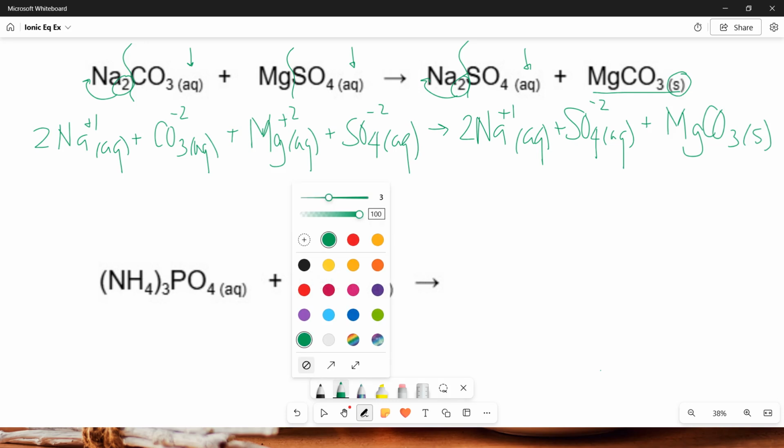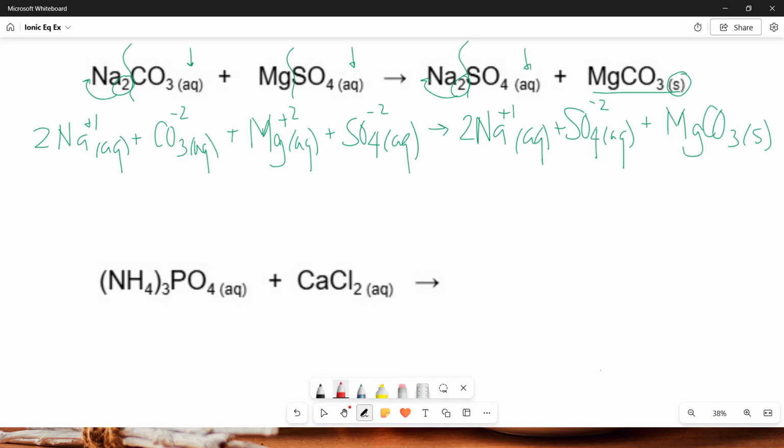We want a net. In other words, we want to take the spectators out. The spectators are what is common to both sides and are really not participating in the reaction. The first spectator is sodium cation. The second spectator is the sulfate polyatomic ion. So those are going to come out of the equation, and the net ionic equation is just what remains.